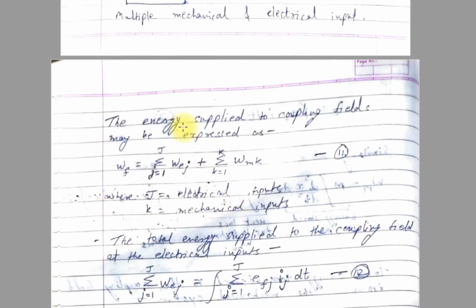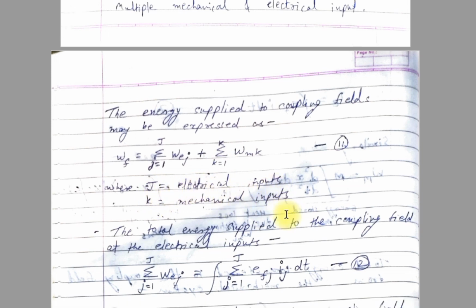So the energy supplied to the coupling field may be expressed as WF, which is equal to the sum of WEJ, where J is from 1 to capital J, that is the addition of electrical inputs, plus the mechanical inputs. So the mechanical inputs is WMK, where K is from 1 to capital K, where capital J and capital K are nothing but electrical inputs and mechanical inputs respectively.